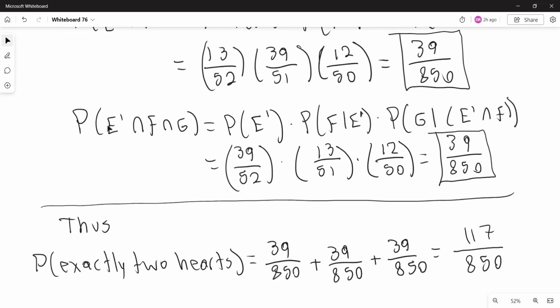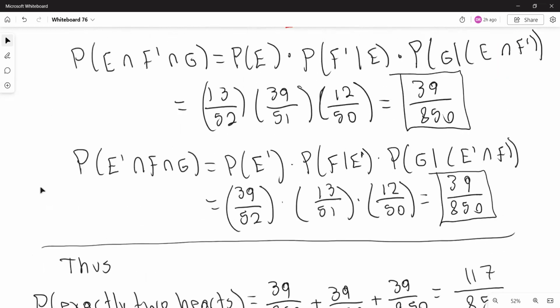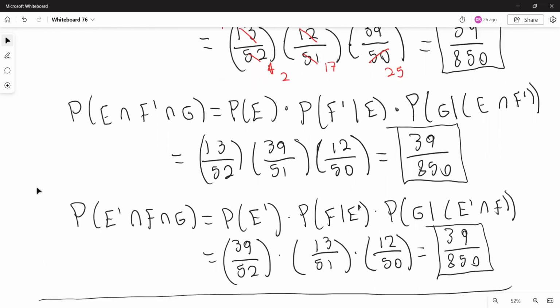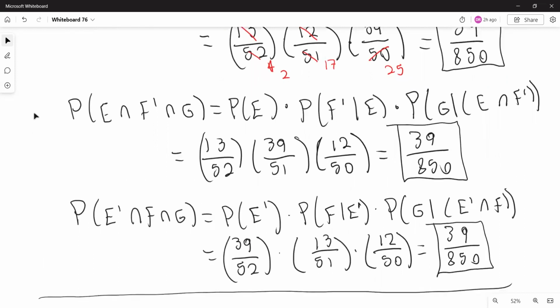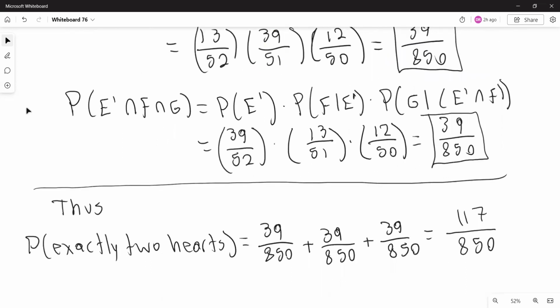And we saw that 850 is 2 times 17 times 5 times 5, but none of those factors divide 117. 117 is 3 times 3 times 13. So yeah, they don't have any factors in common.